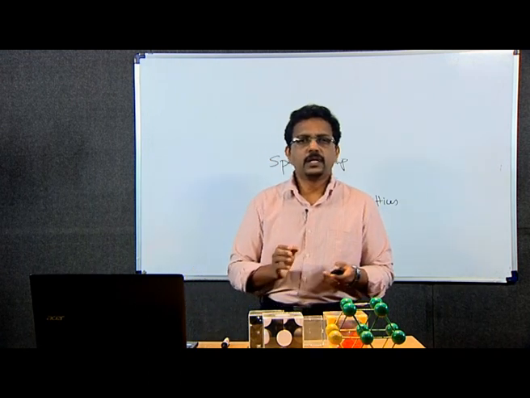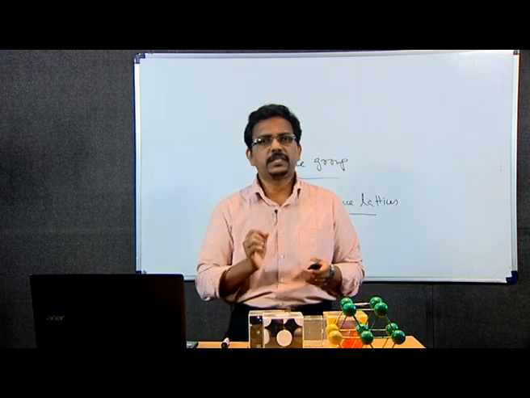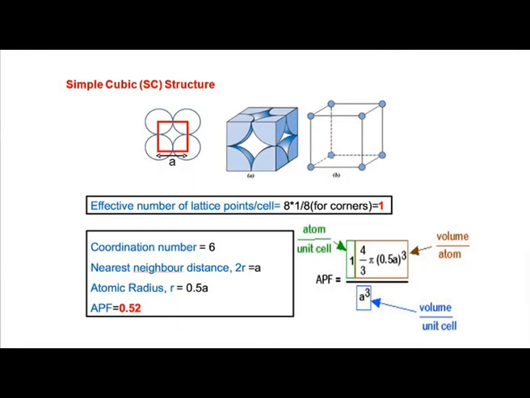When we look into the simple cubic structure, the effective number of lattice points per cell is 8 into 1 by 8, because there are 8 corners and each corner possesses 1 by 8 of an atom, so it is 1.